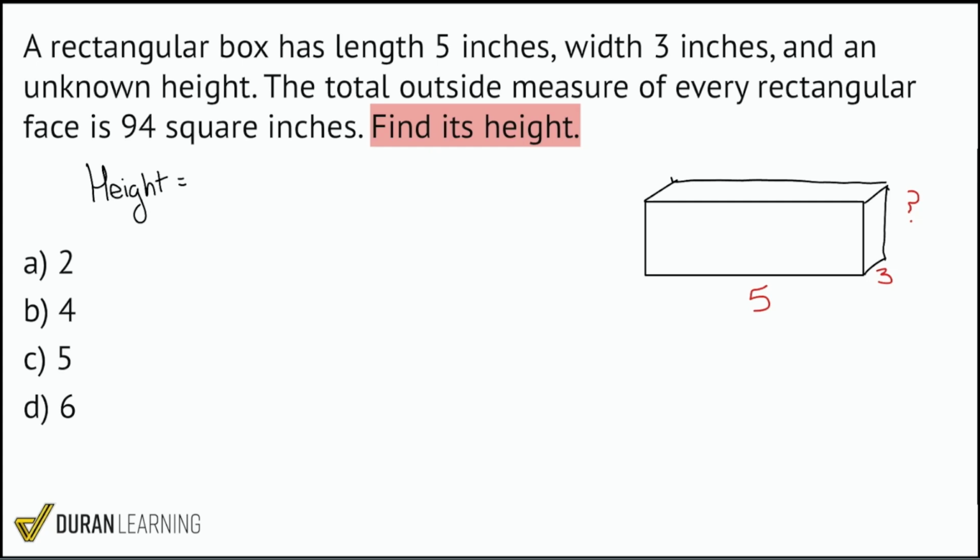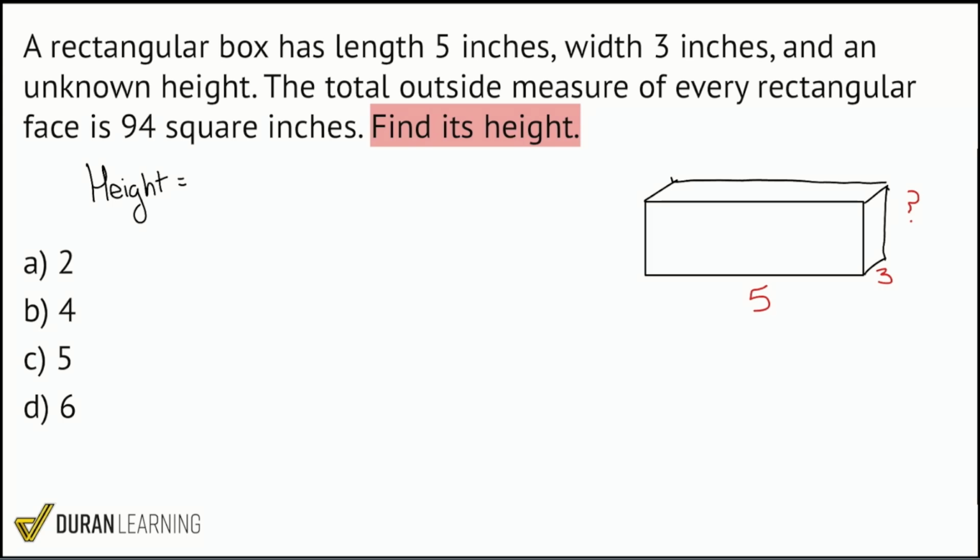But then up next it says the total outside measure of every rectangular face. So adding up all of these faces, keyword faces, we get a total of 94 square inches. Everybody, what is that indicative of?